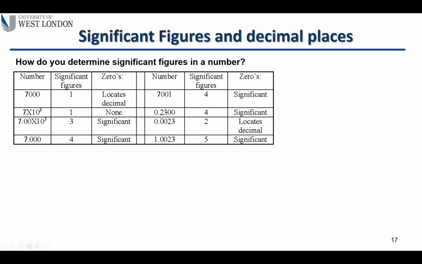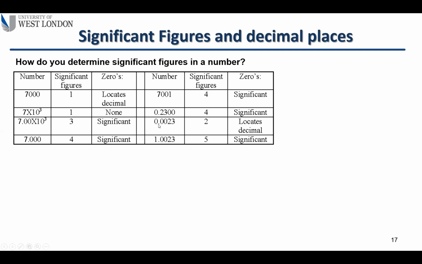Now look at a decimal fraction like this one, 0.2300. After the decimal separator we have 4 figures. Any digits after the decimal separator are counted as significant figures, so in this case we have 4 significant figures.